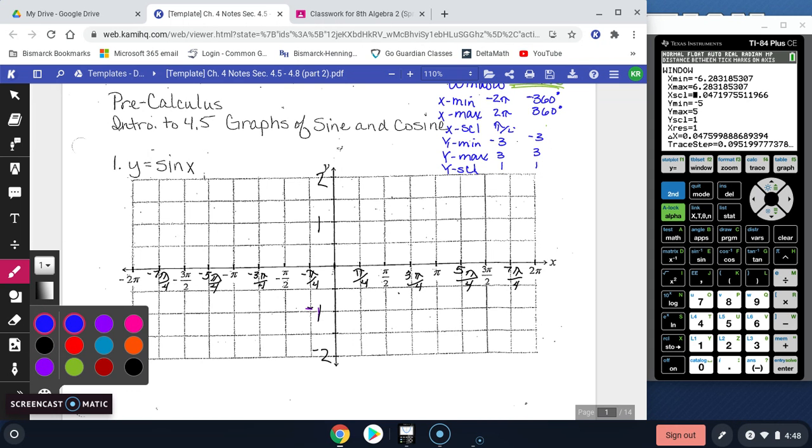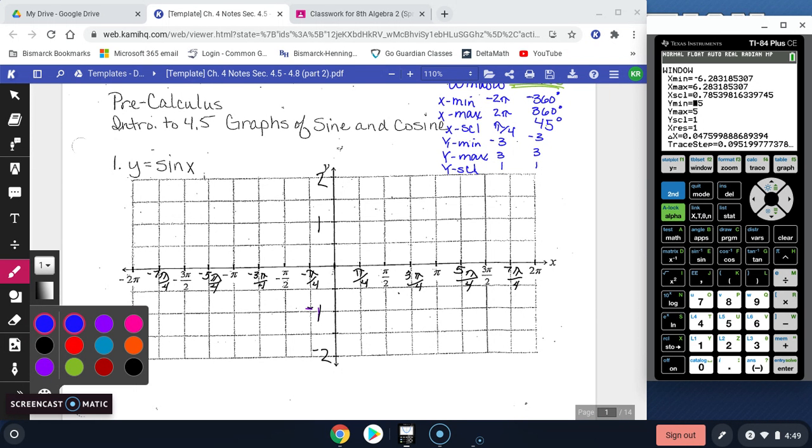Now, if I was doing the same thing in degrees, that pi over 4 would be 45 degrees, so my scale would be 45 degrees, but I'm going to work in radians. So let's change this. X scale needs to be pi divided by 4. And again, it's going to change it to a decimal.